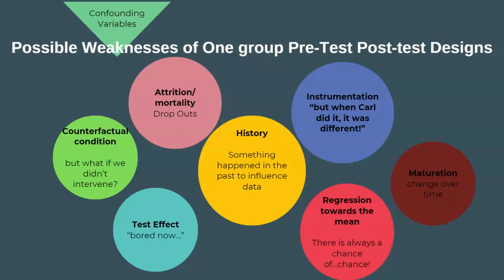So some of these problems, some of them are a bit obvious, some of them are not. I haven't put proper definitions in here on purpose because I want you guys to tell me what you understand by these weaknesses.